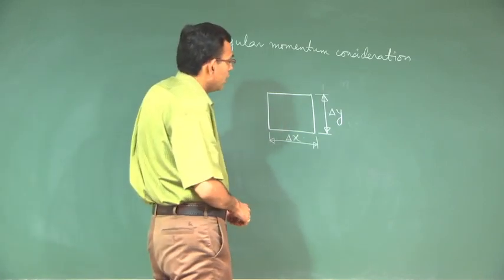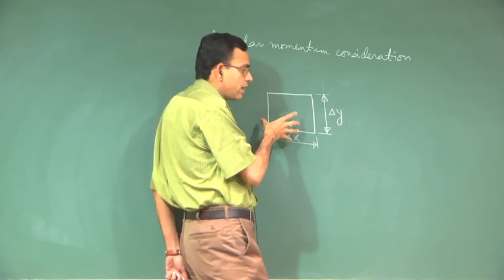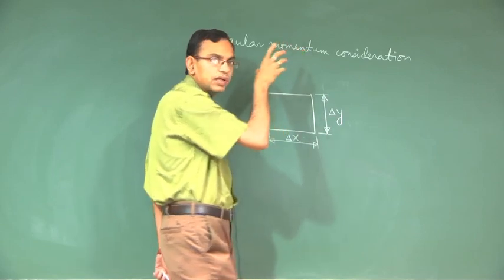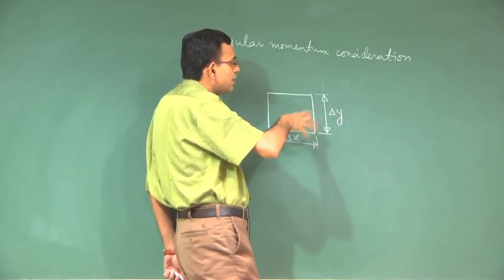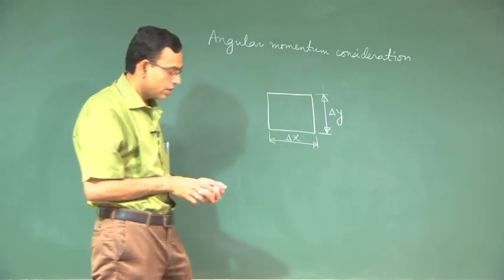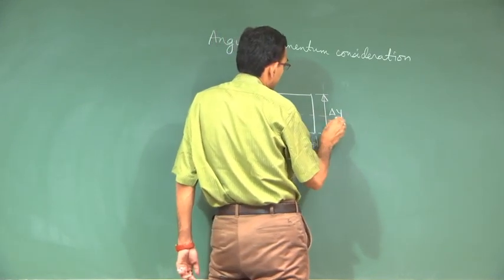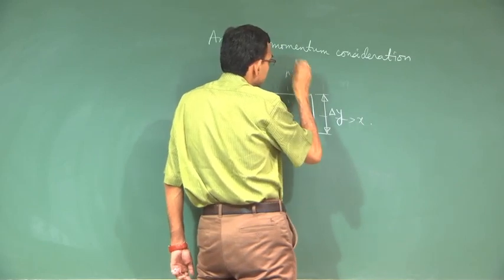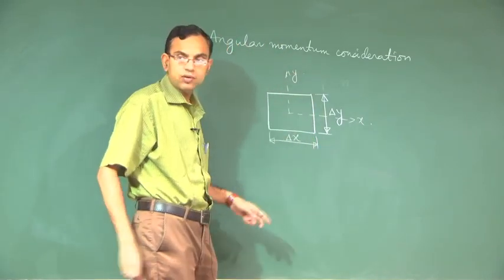We are considering a 2-dimensional element for simplicity, the reasoning being that angular momentum considers rotation, and rotation in a particular plane may be represented by a simple planar figure. So, let us say that we have our x axis and y axis such that the origin is at the centroid of this rectangular element.